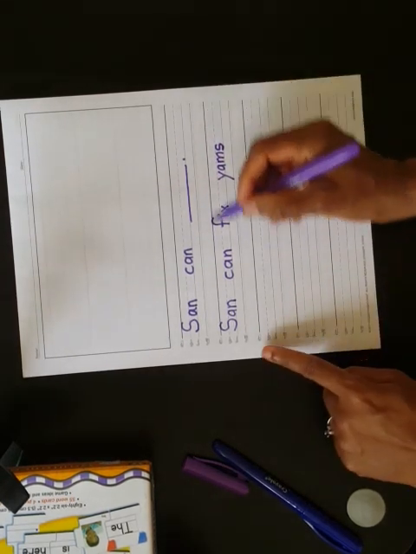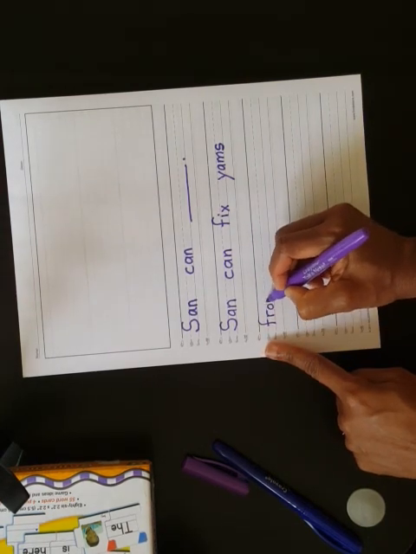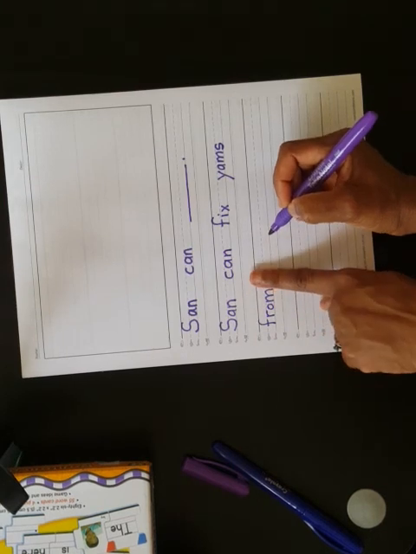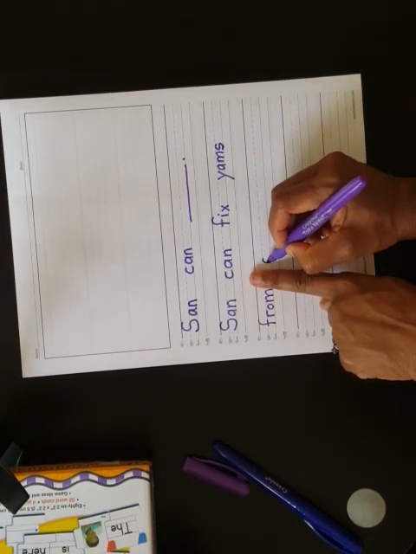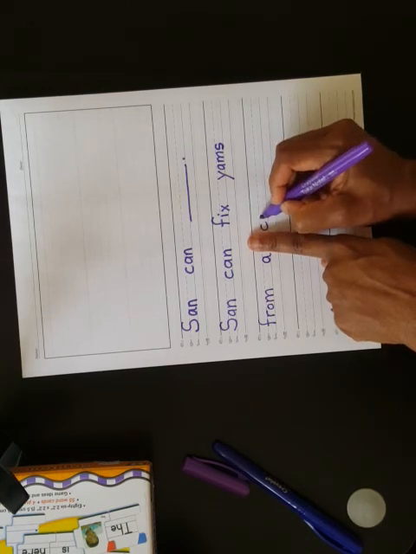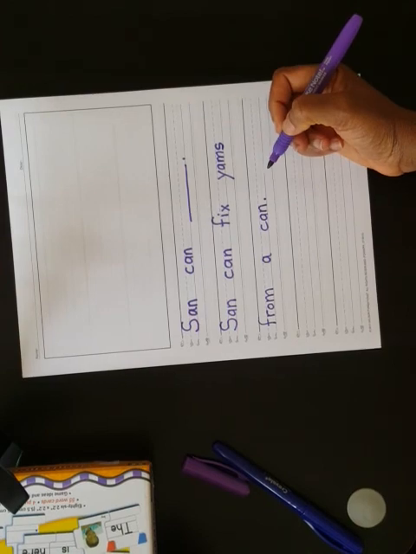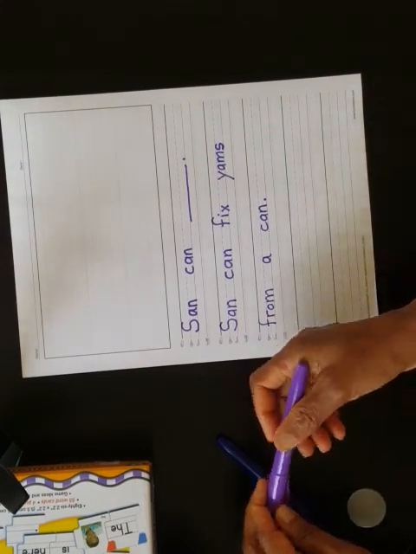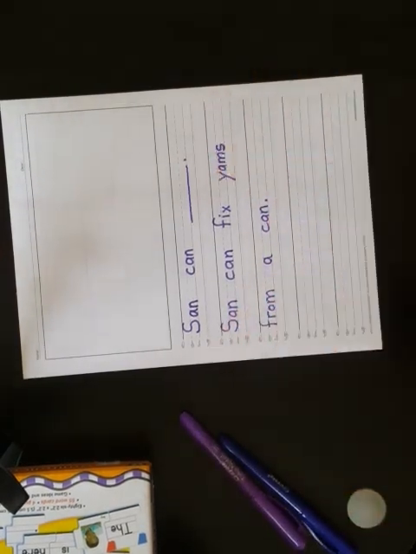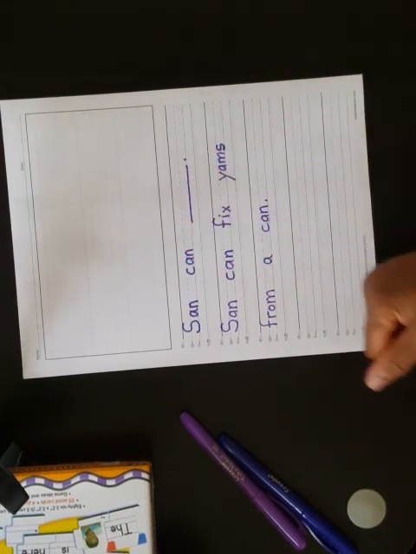We already know how to spell from. From, leave a space, a. You know how to write a, it's just a. Can, can. We added a period, right? All right, go ahead, write more sentences, write about 5 or 6, and let me have them. Thank you.